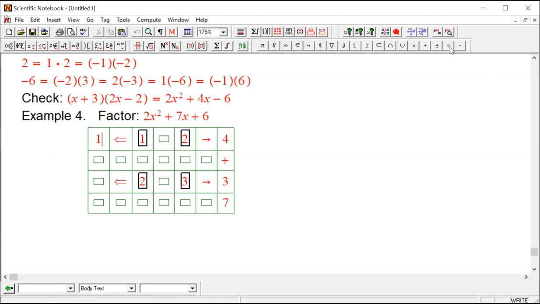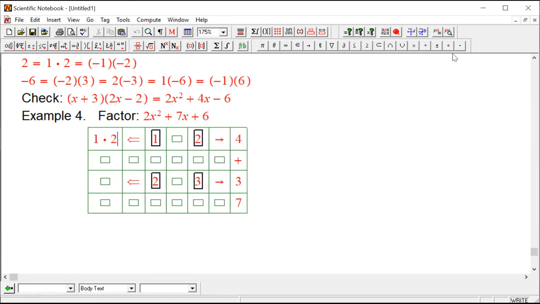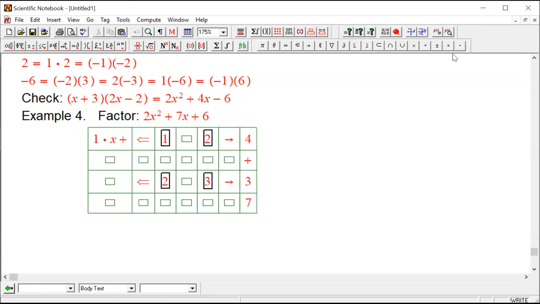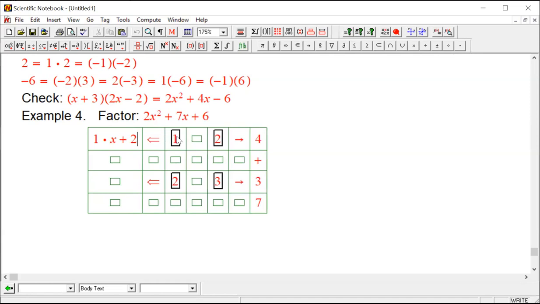We take the 1 and 2: 1 times x plus 2, the first number times x and then plus 2. The second will be 2 times x plus 3. So we got our factors. The first factor is x plus 2, and the second factor is 2x plus 3.